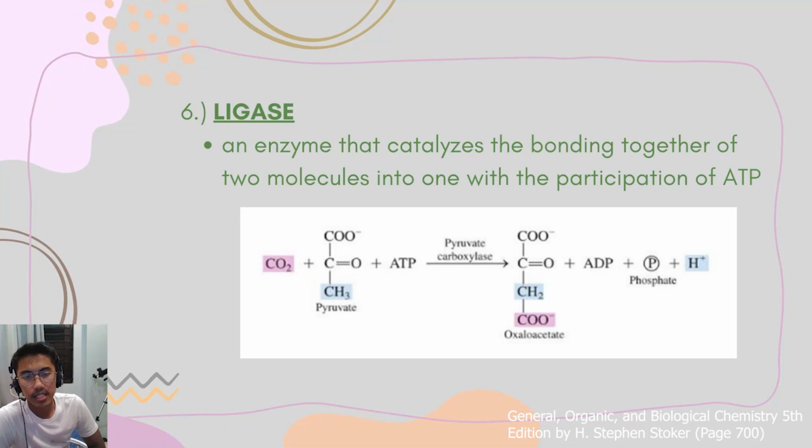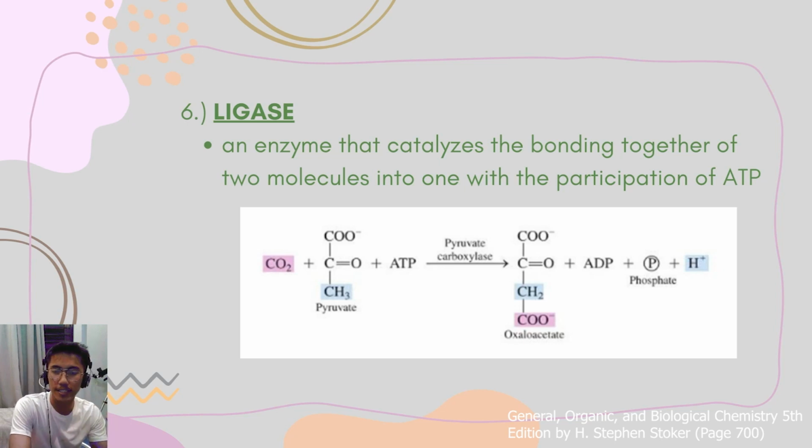Number 6 is ligase. It is the enzyme that catalyzes the bonding together of two molecules into one with the participation of ATP. So this needs energy. So enzymes in the form of ligase is something that makes two substrates or two molecules bind together. So that's just ligase.